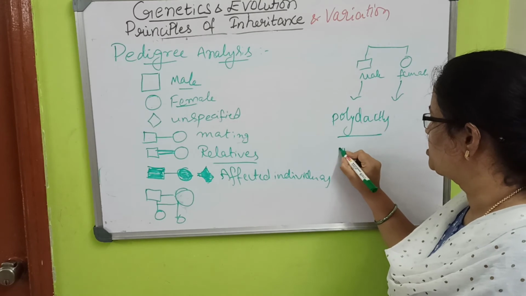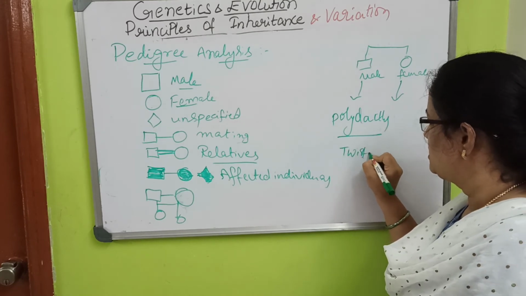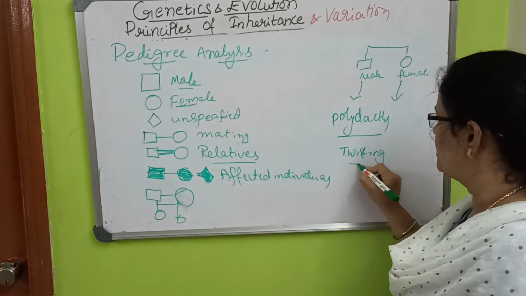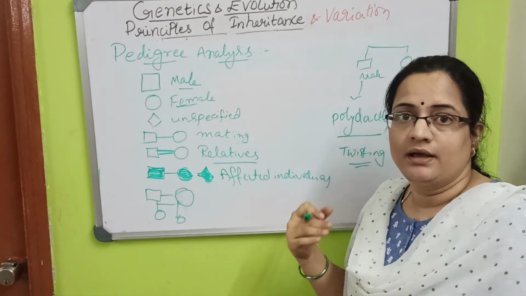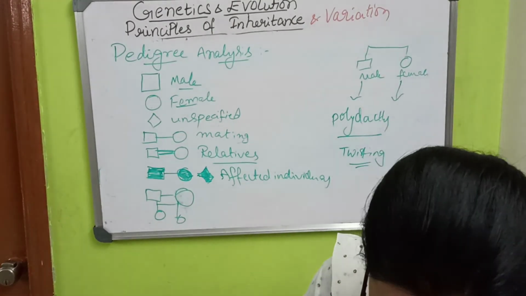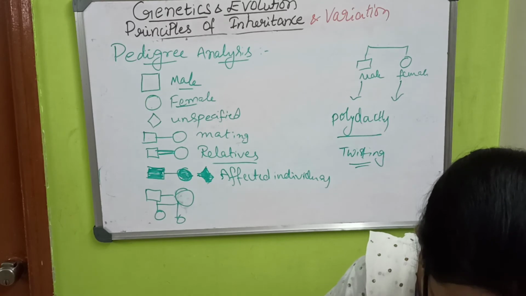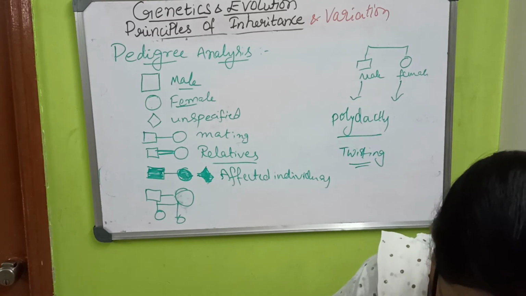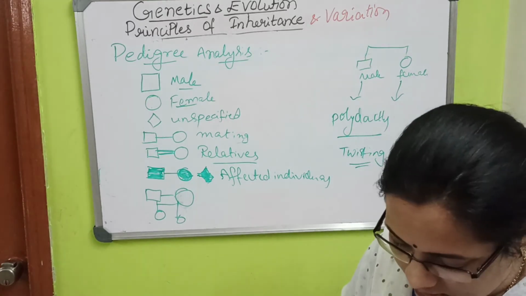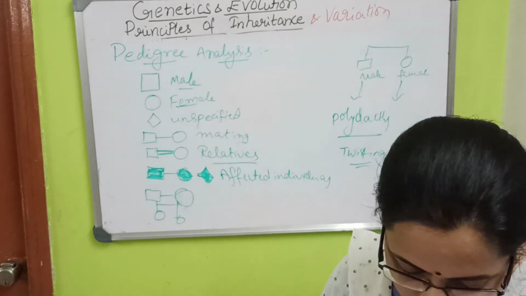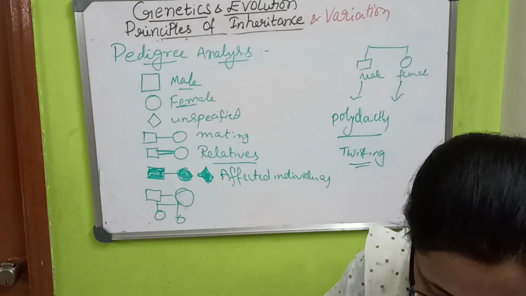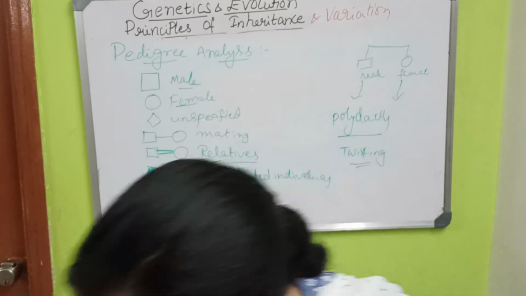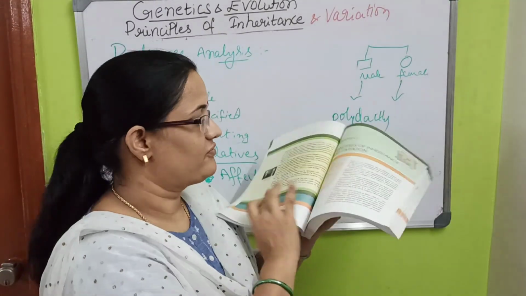And tongue rolling, twisting the tongue, is also one trait. Likewise, autosomal recessive trait pedigree and autosomal dominant trait pedigree are shown by different kinds of diagrams. You can see the diagrams here from the first.